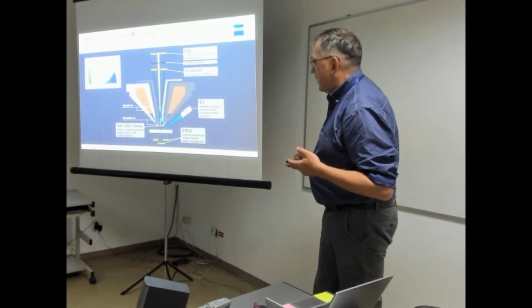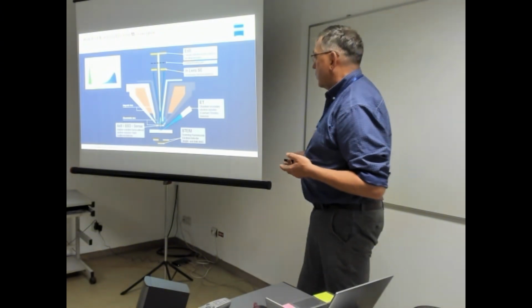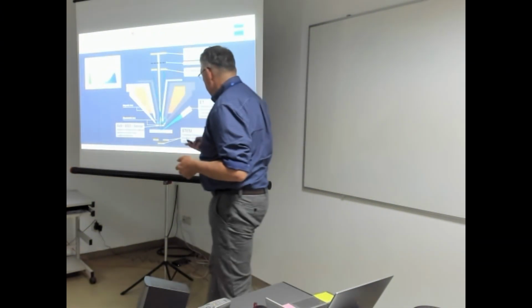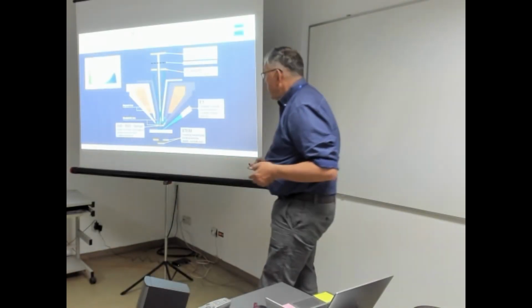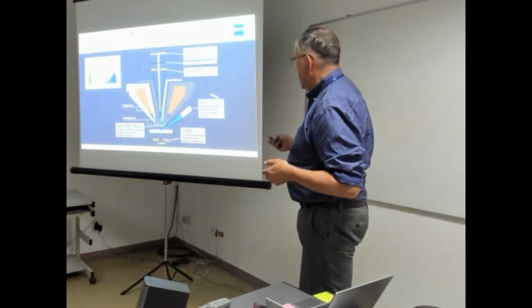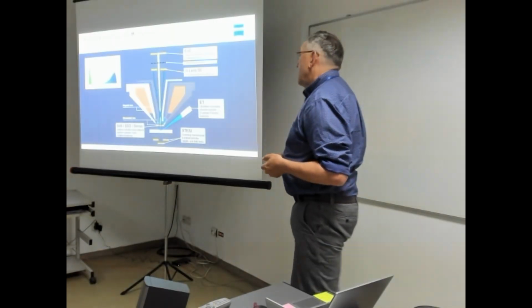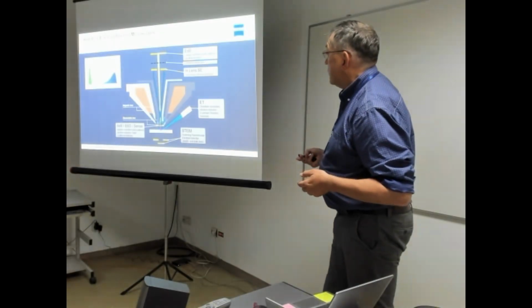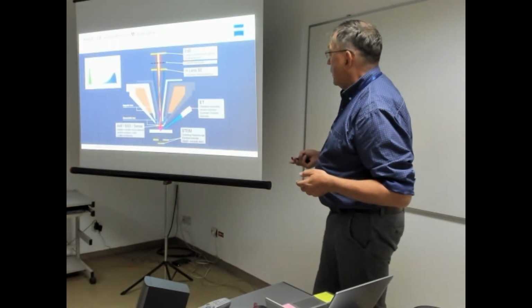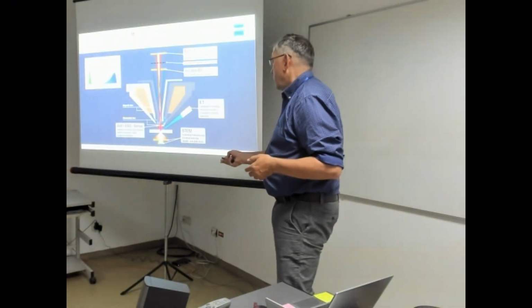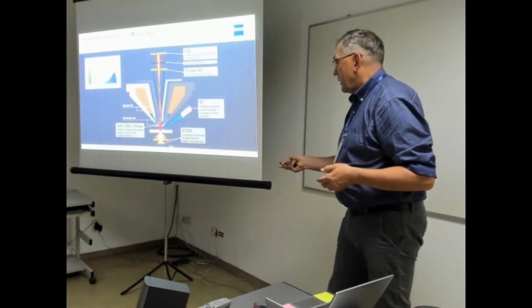What is the background of these different contrast mechanisms? If the gray bar here is our sample, then we have different detectors in the chamber of the system. One detector, these blue detectors here, are to look at secondary electrons. Then we have red detectors to look at reflected electrons, and we have another set of detectors for transmission.